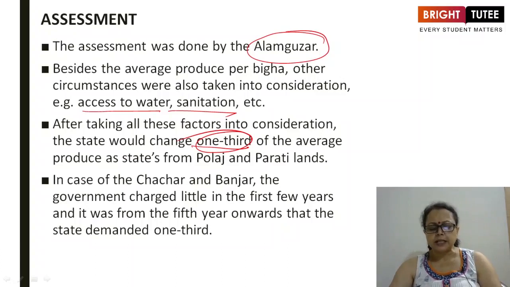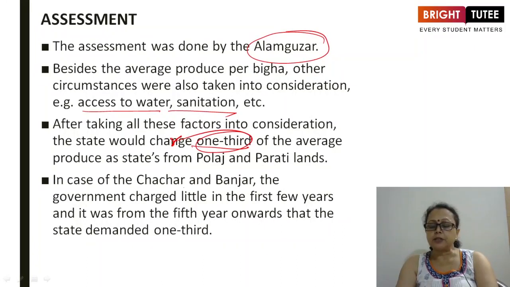They only charge that 1/3 of the average produce from Polaj and Parauti lands.